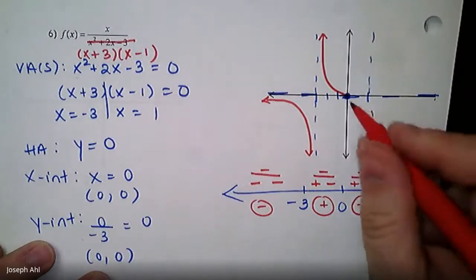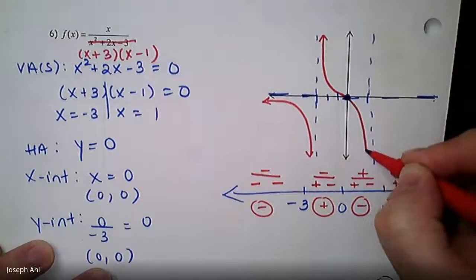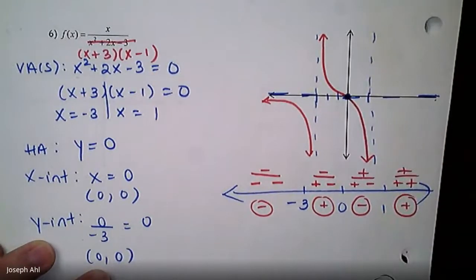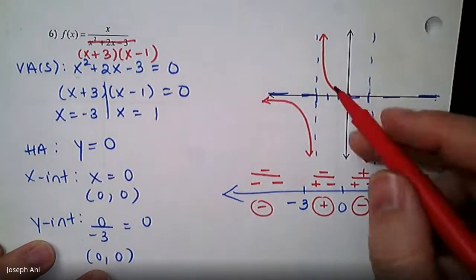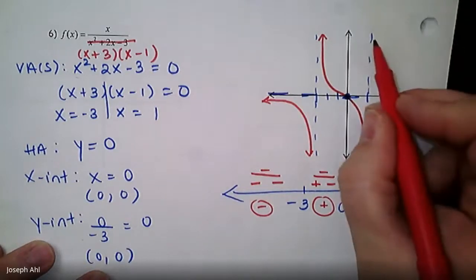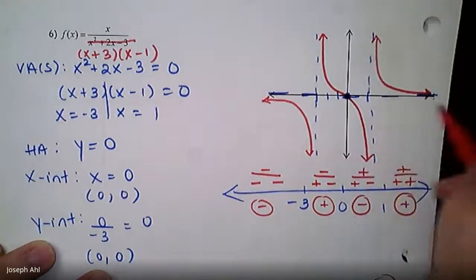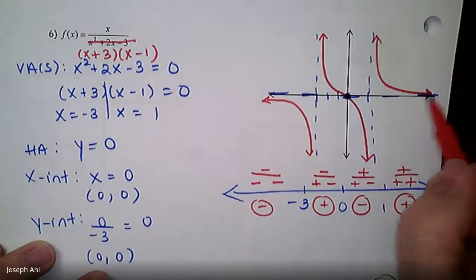And in between 0 and 1, this little tight window here, the graph does become negative. So now it's going to curve on through, approach the vertical asymptote at x equals 1, but headed down towards negative infinity. And finally, positive in the last region is going to be bound by the vertical asymptote, and it does want to get close to the x-axis because that's where the horizontal asymptote is.